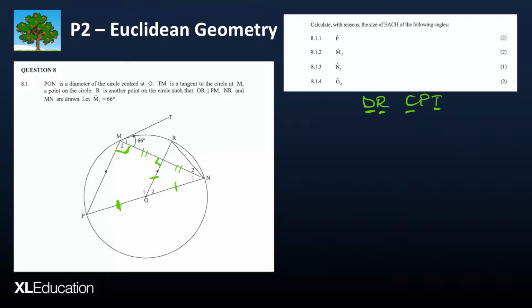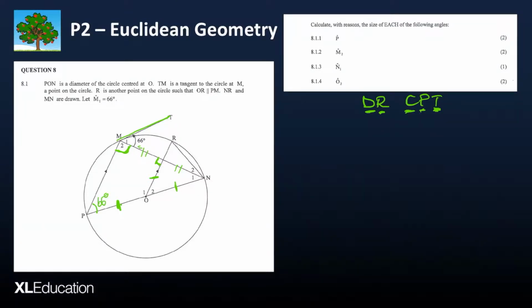That's your T here. So there's a tangent MT and there's a chord MN. So the angle here, 66 degrees, must be equal to the angle subtended by the same chord in the alternate segment. So this must also be 66 degrees. Okay, so we have touched T, we've touched C.